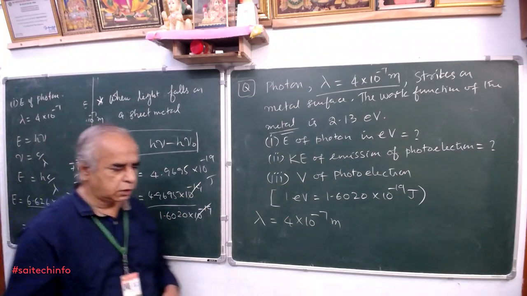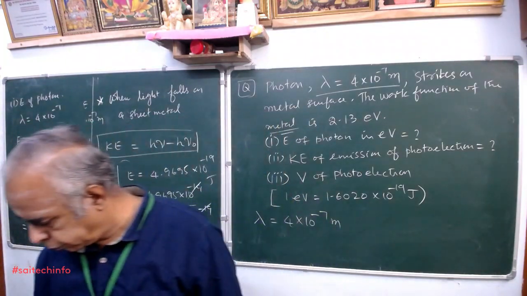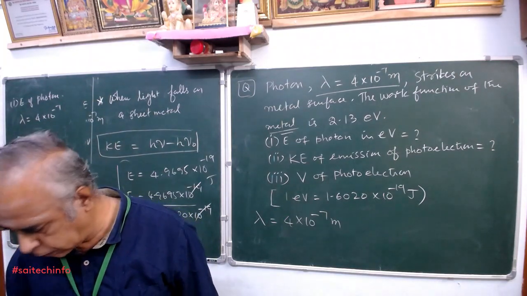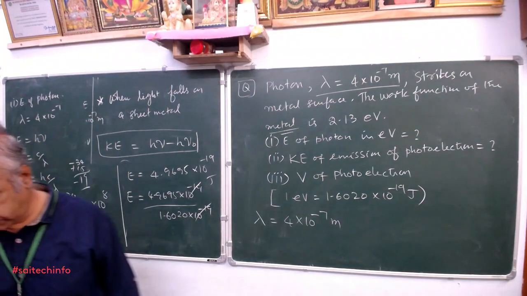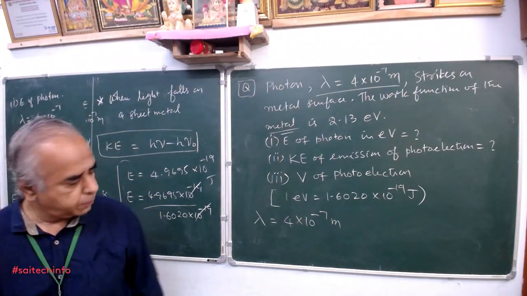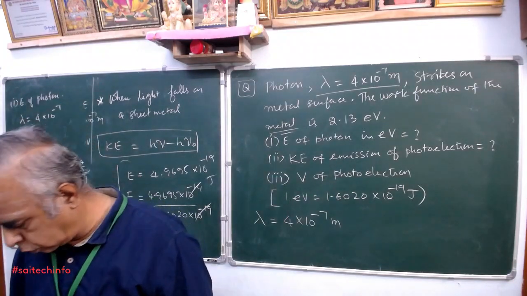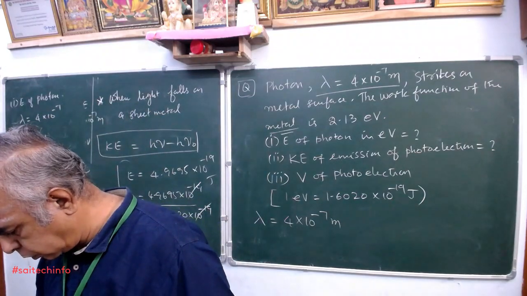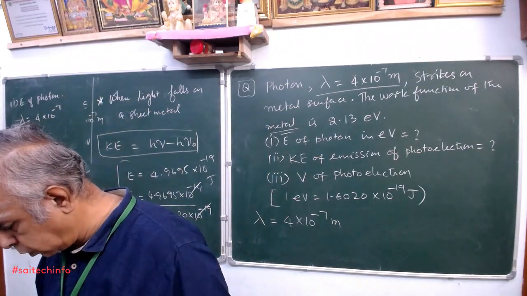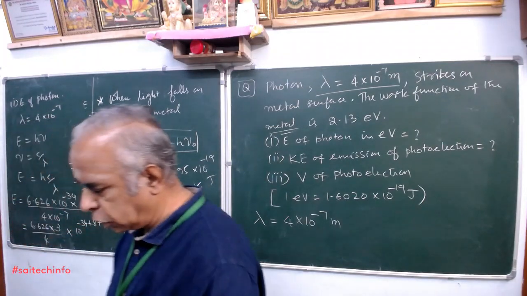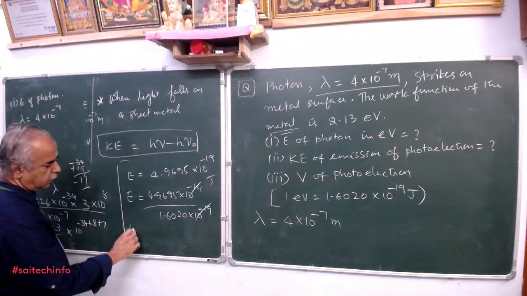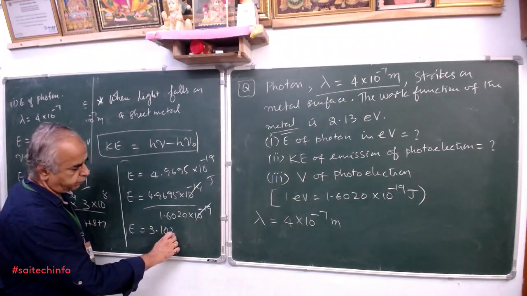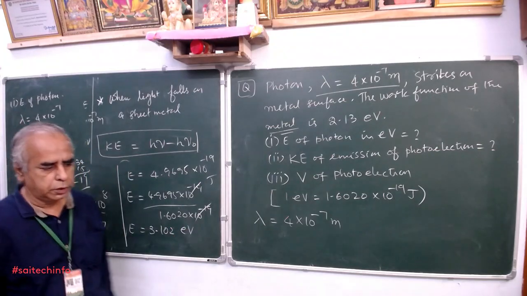So 4.9695 divided by 1.602 is equal to 3.102, right? So energy is equal to 3.102 electron volt. Got it?